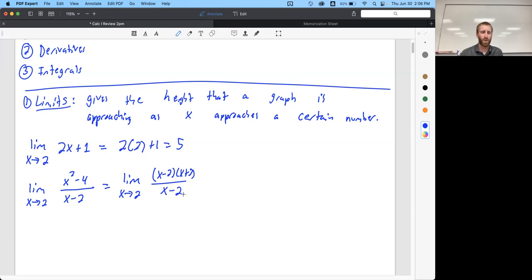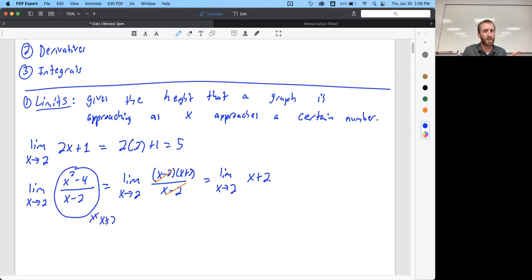Still problems if I plugged in 2. But now we can cancel out this stuff here. And so the limit as x goes to 2 of this function is equal to the limit as x approaches 2 of the function x plus 2. By the way, that does not mean that this function here is equal to x plus 2.